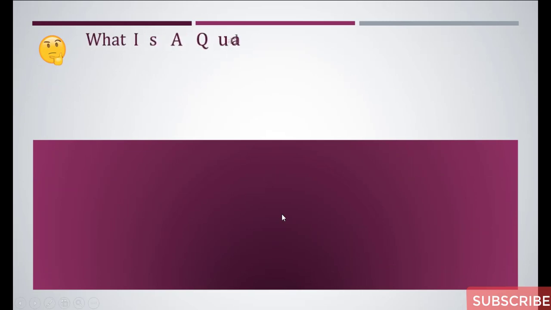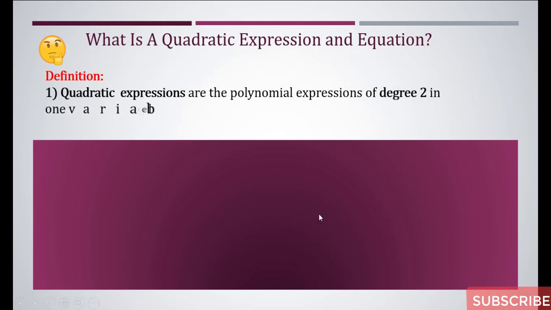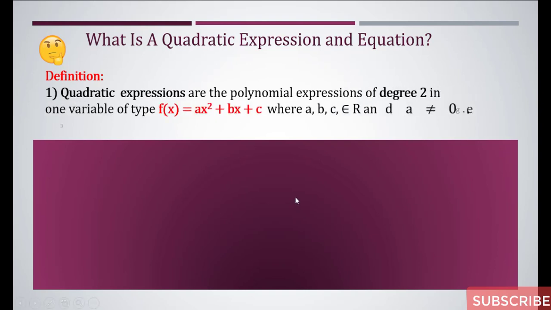What actually is a quadratic equation, and what actually is a quadratic expression? We are going to begin with the definition of a quadratic expression. Quadratic expressions are polynomial expressions of degree 2 in one variable, that is, of the type f of x equals ax squared plus bx plus c, where a, b and c are real numbers and a is different from 0.